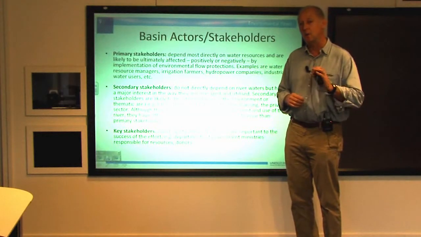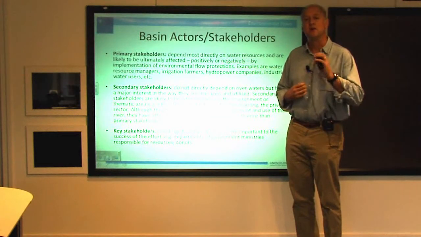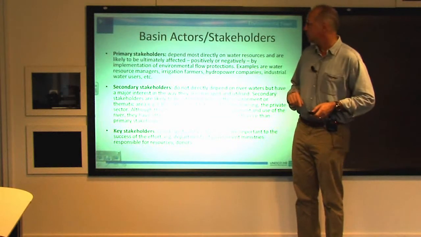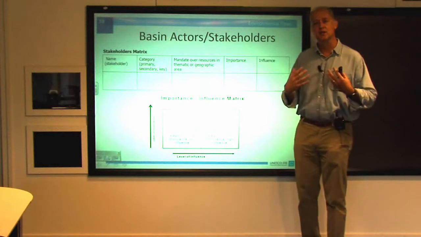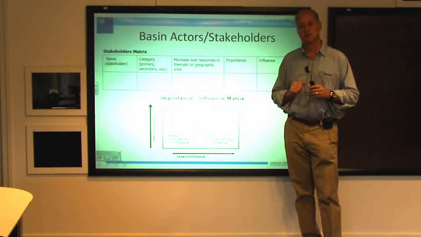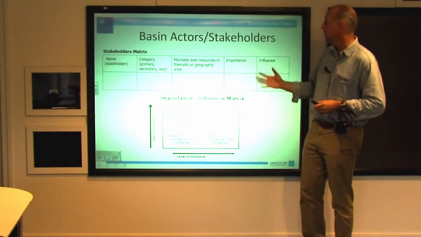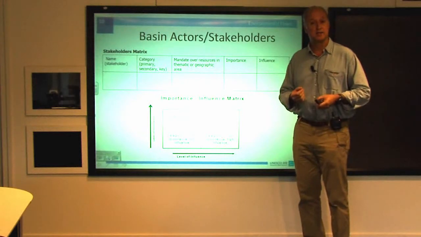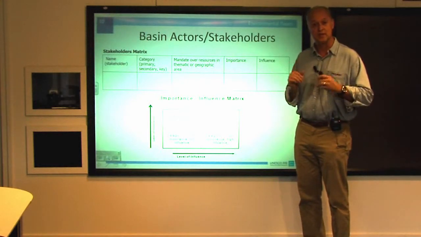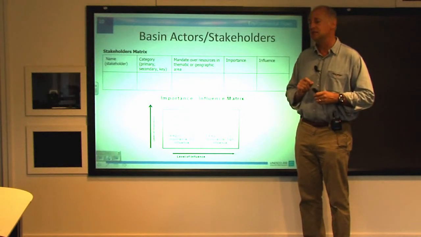Important stakeholders to be aware of, and also to find a way to involve in your project. And that process of determining the strategy for involving different stakeholders and the level of involvement can be captured through a simple analysis of stakeholders in the basin and the collection of information about each of those stakeholders.